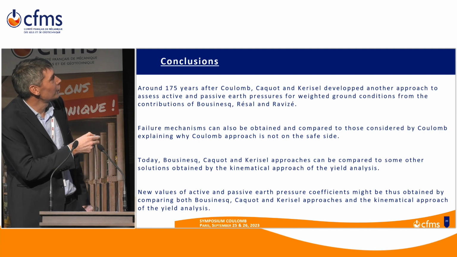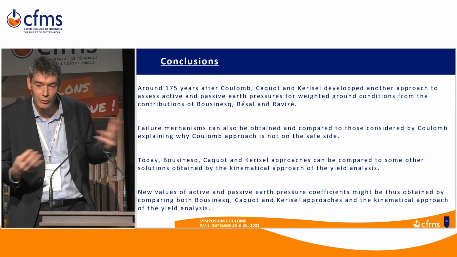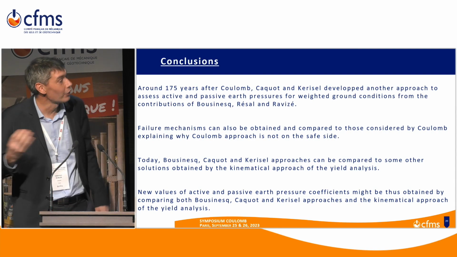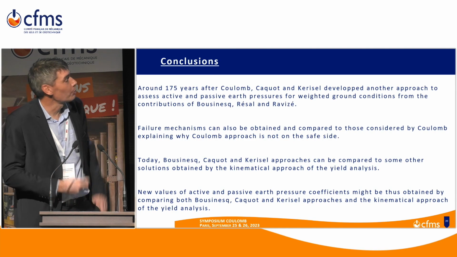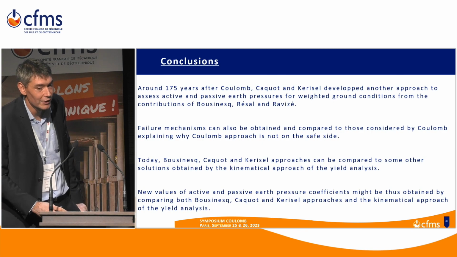Another important point is the possibility to plot the failure mechanism, so that it can be compared to those considered by Coulomb, and that can explain why Coulomb is not on the safe side, both for the active earth pressure and the passive earth pressure. Today, it's possible, as we have done, to compare this failure mechanism to the kinematical approach of the yield design.